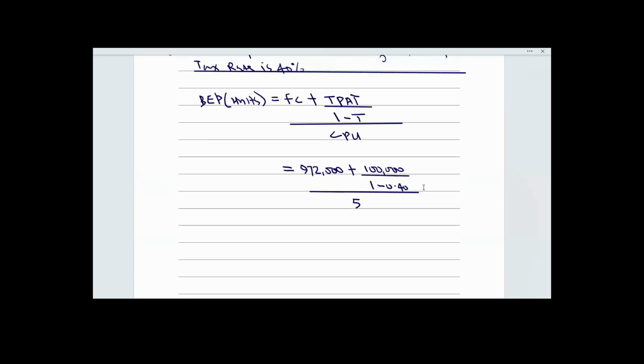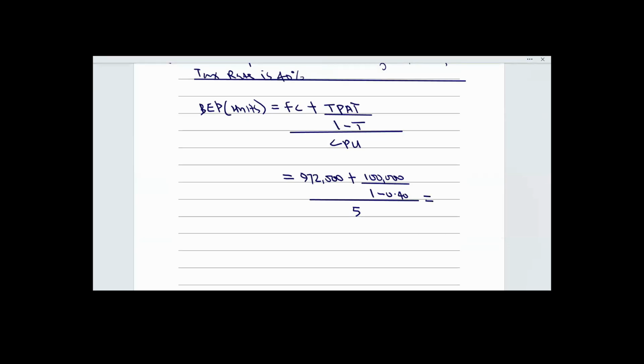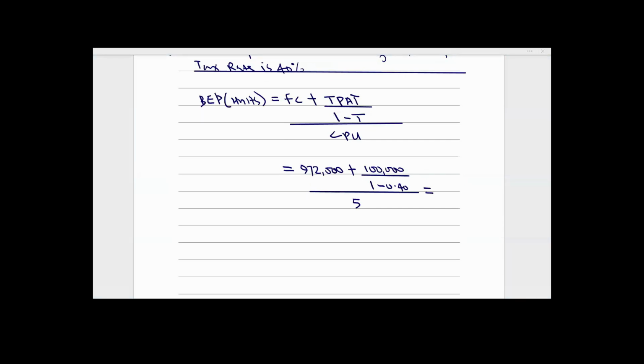Therefore, I will carry my calculator. 100,000 naira divided by 0.6, then plus 972,000. You have to do everything at once in order to minimize rounding error.